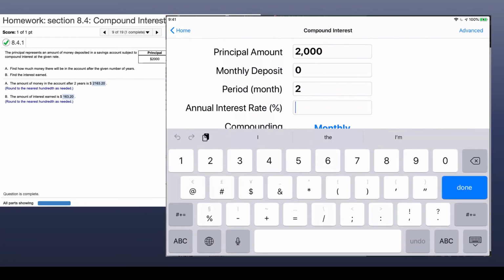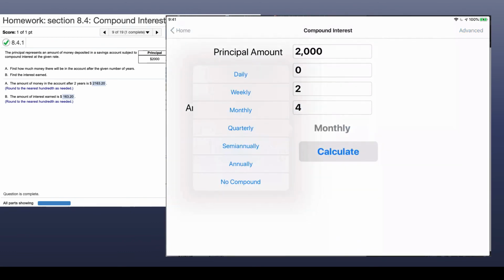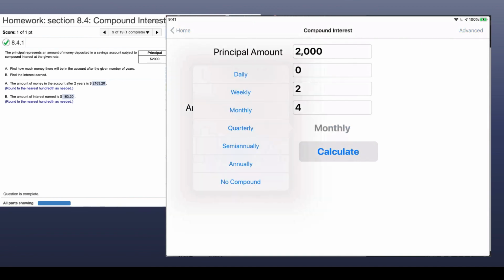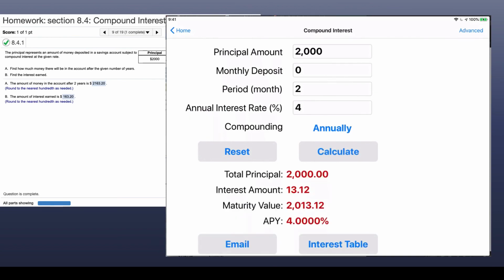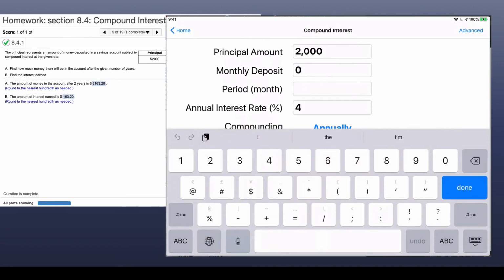By the way, our interest rate was 4% on this problem. We're compounding annually, so I think I did this right. We'll check it out. No, okay, so it is literally months. Okay, I couldn't remember. So 2 years would be 24 months.